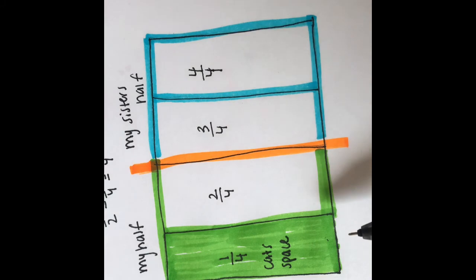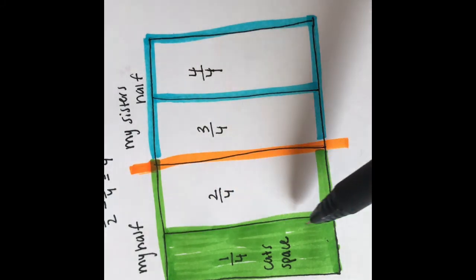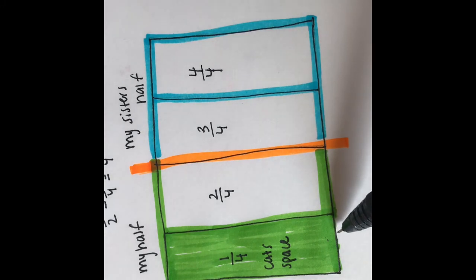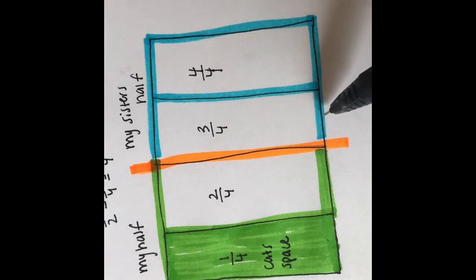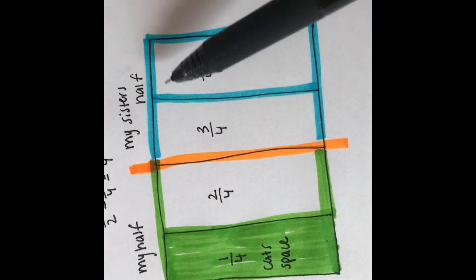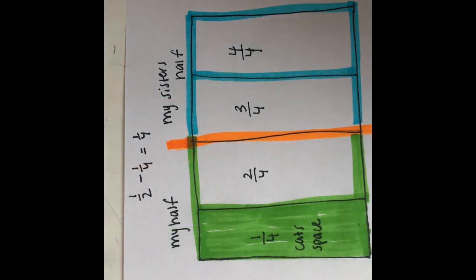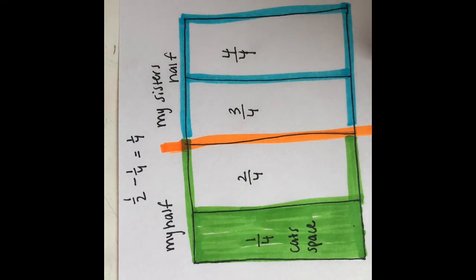So I found that if my cat gets 1/4 of my space, then I also only get 1/4 of my space, and then my sister still gets her whole half. So actually my cat would be getting 1/4 out of the entire apartment, and I would be getting 1/4 out of the entire apartment, and my sister would still be getting 2/4, or a half, of the entire apartment.